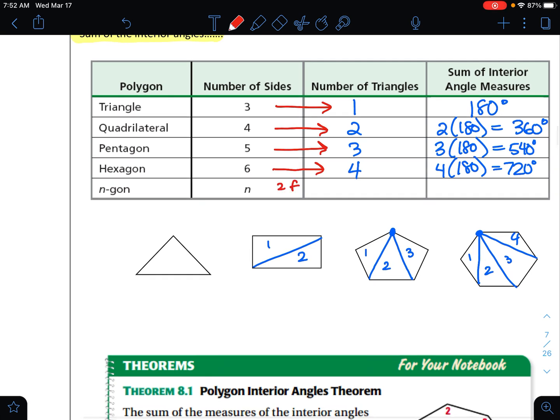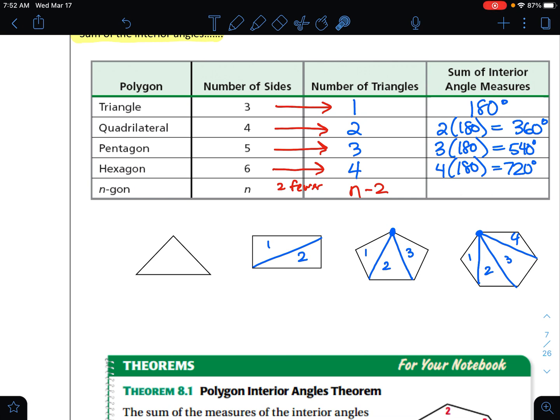Okay, I'm going to write here 2 fewer. So if I want to represent 2 fewer than n, I'm just going to take 2 away from whatever n is. So, apply it here. 6 minus 2 is 4. Let's say that n is representing the number of sides. 5 minus 2 is 3, and so forth.